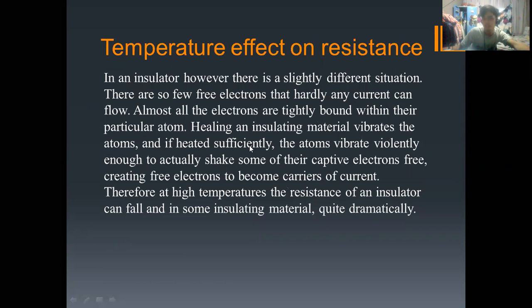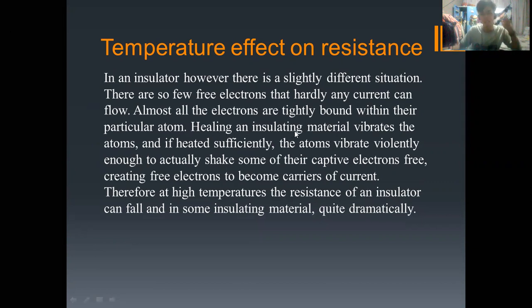In an insulator, however, there is a slightly different situation. There are so few free electrons that hardly any current can flow. Almost all the electrons are tightly bound within their particular atom.